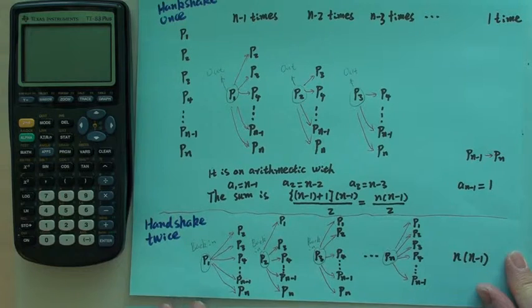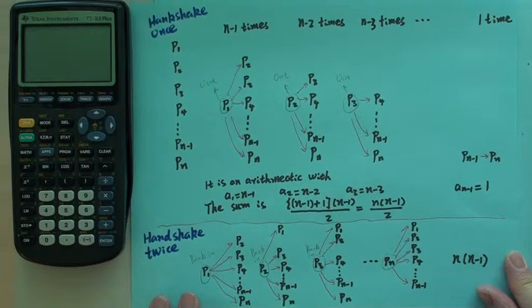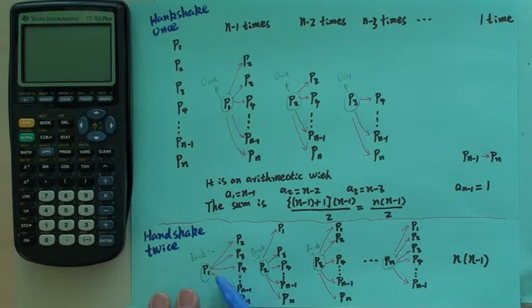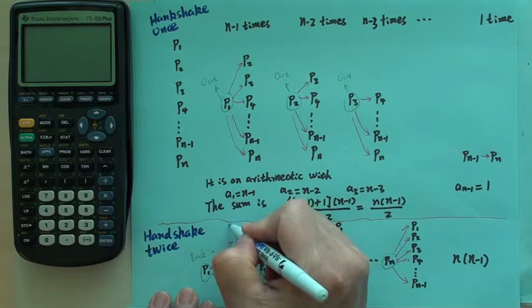in this case, the first person shakes with the rest of the n-1 persons. The first person did n-1 times. So the net is n-1 times.